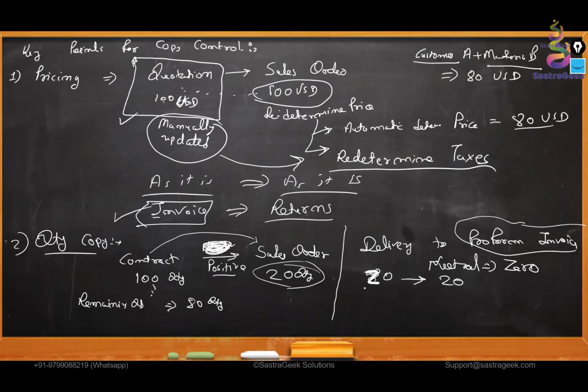But if this is the same scenario and I'm considering delivery to billing, the normal standard billing, then this is a positive impact because the system is reducing the quantity. Out of 20 quantity, if I do 10 quantity billing, definitely the remaining quantity is only 10. So the system has to consider that as a positive effect. What can be an example of a negative effect?